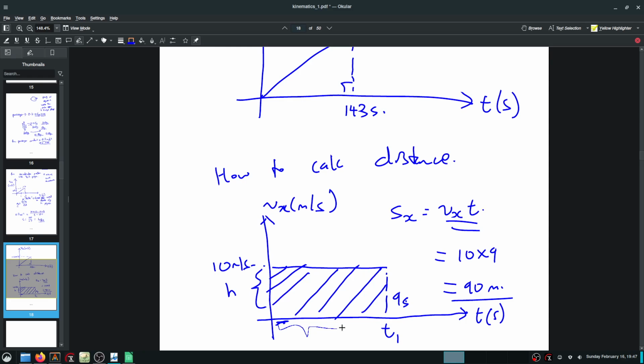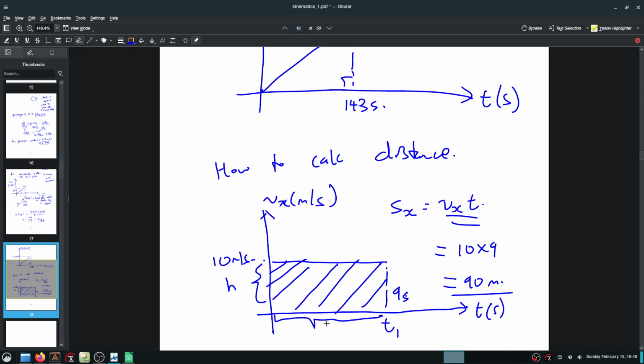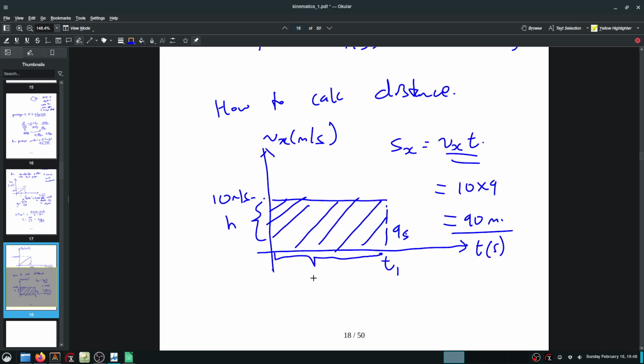And then the length, this is the breadth, which is delta t, the change in time, and this is the velocity magnitude.